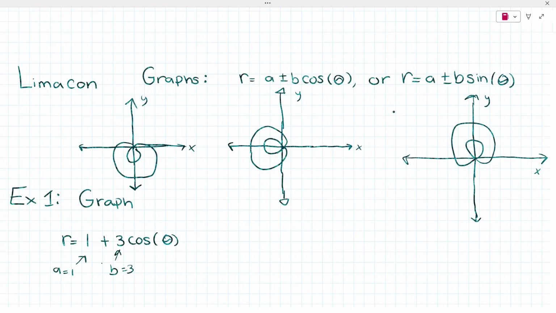And since b is positive, we will be focusing on the left side of the graph.